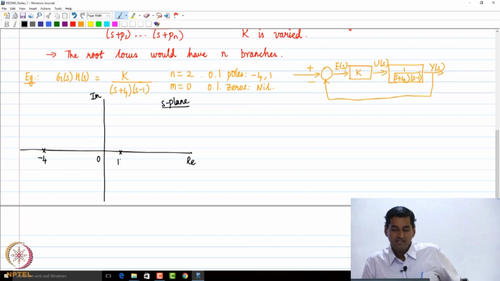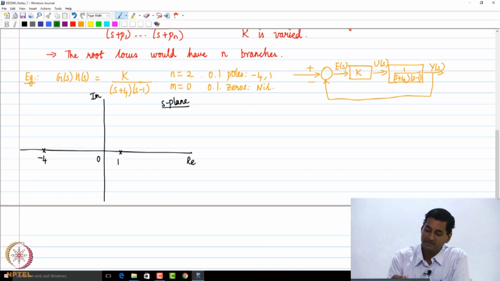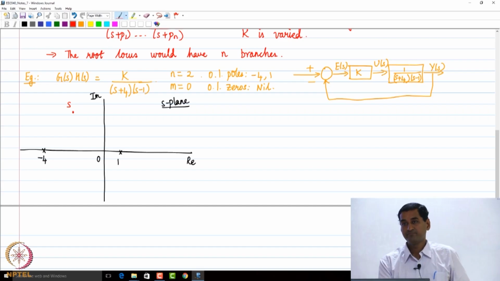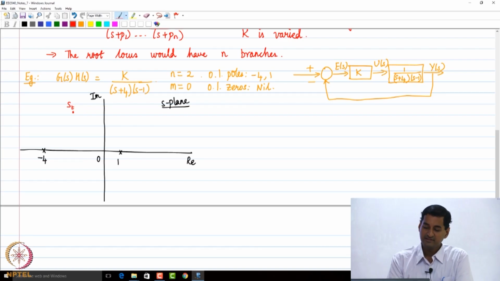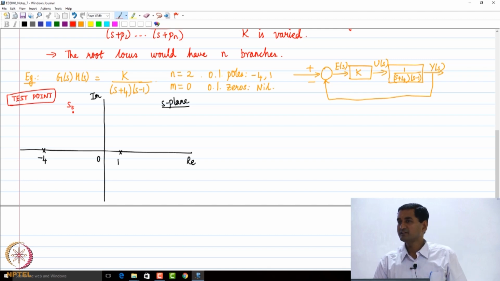Let us take some test point, with subscript t: s_t indicates a test point in the S plane, and I want to figure out whether it lies on the root locus or not.